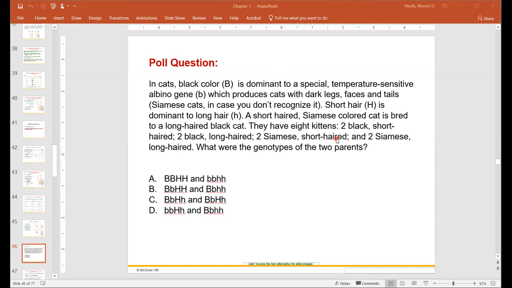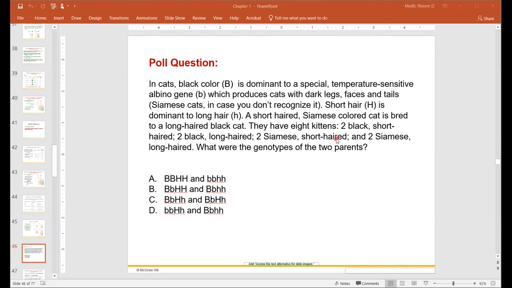In cats, black color big B is dominant to a special temperature sensitive albino gene, little b, which produces cats with dark legs, faces, and tails. These are called Siamese cats. Short hair big H is dominant to long hair little h.